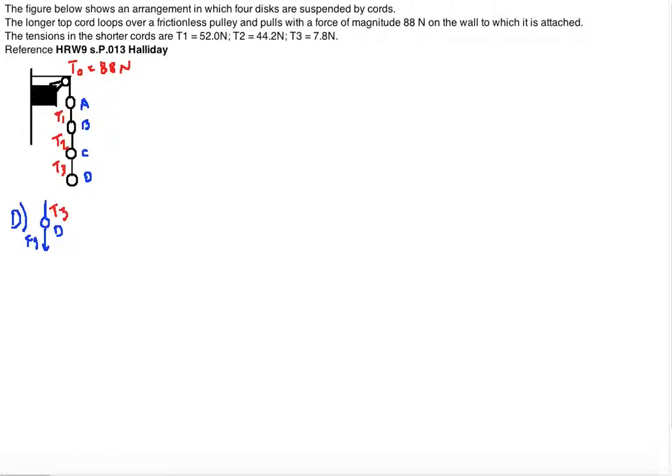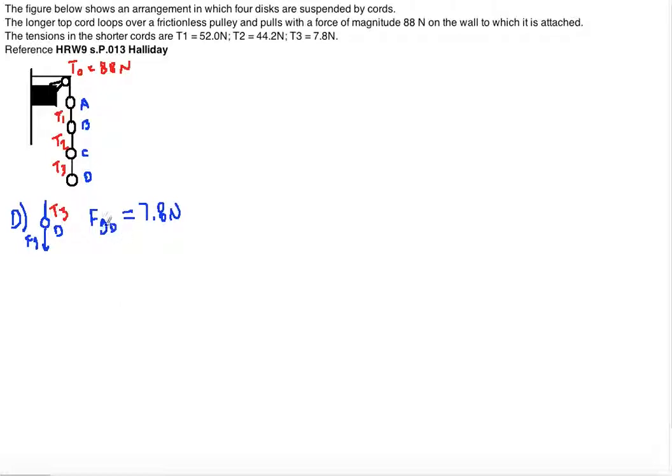Essentially we can set up an equation using Newton's equations. Because the system is stable, Fg of D is equivalent to T3, which is 7.8 newtons.